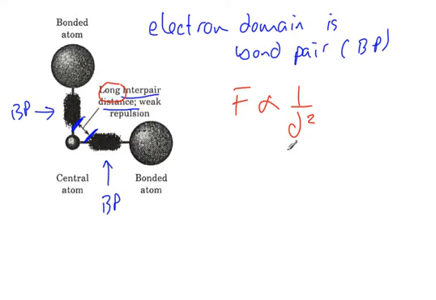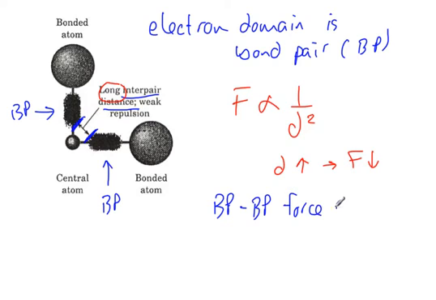That means the distance is increased, and so the force of repulsion is going to decrease, an inverse relationship. So this is the first type of repulsive force you see in molecules, and it's called a bond pair force.